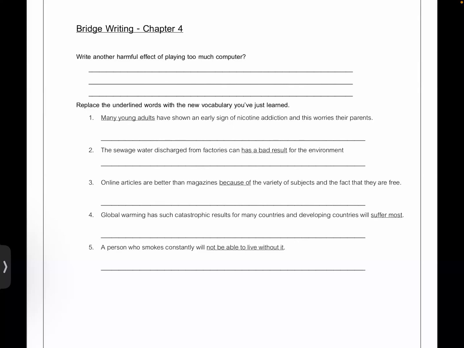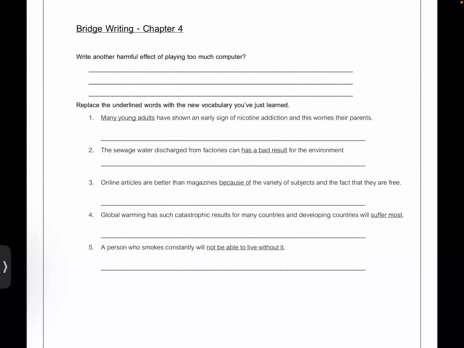Apart from what you have seen on the previous page, okay, so the previous page, some of the harmful effects are what? Difficulty with face-to-face communication, health issue. Okay. What else could be another harmful effect?